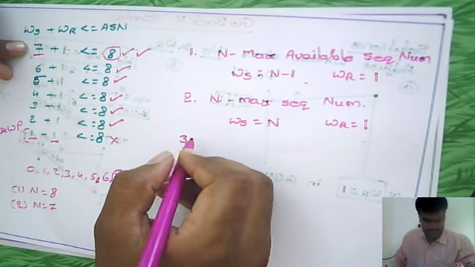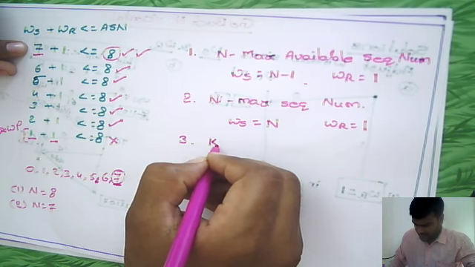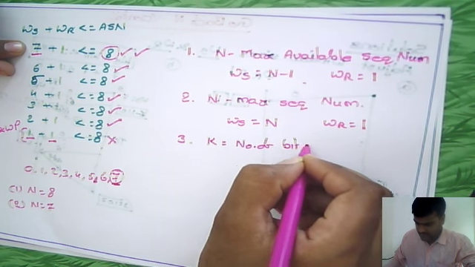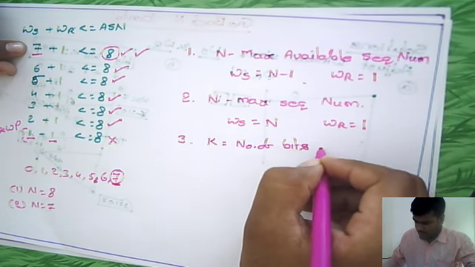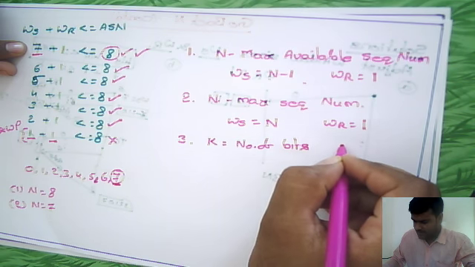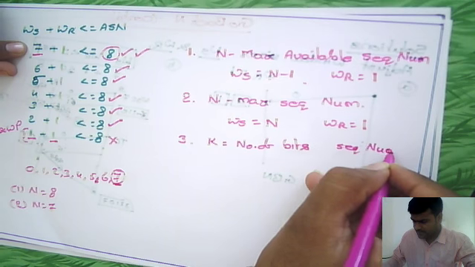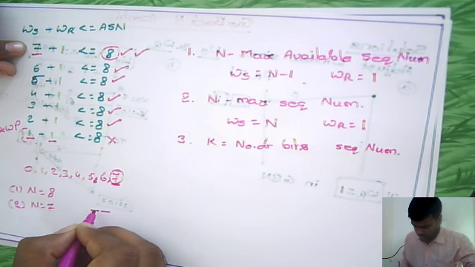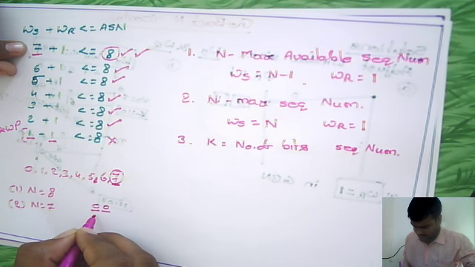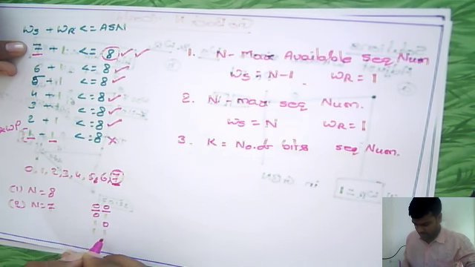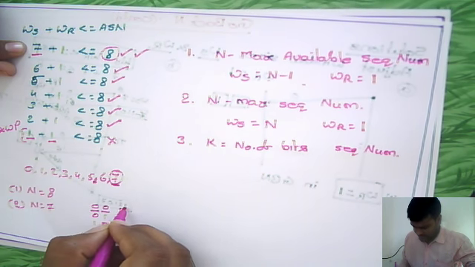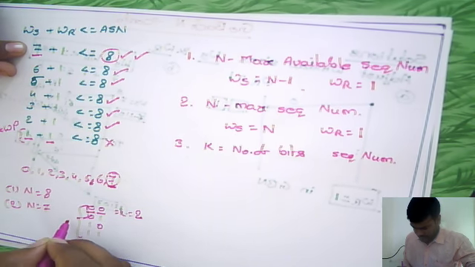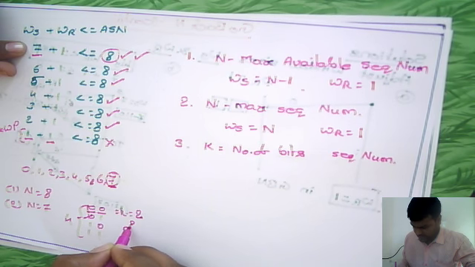Then in the third case, assume that K equals the number of bits we are using for sequence numbers. Suppose we are using 2-bit sequence numbers. The total possible sequence numbers are 00, 01, 10, 11. So here K equals 2, and total possible sequence numbers are 4, which is 2 raised to 2.